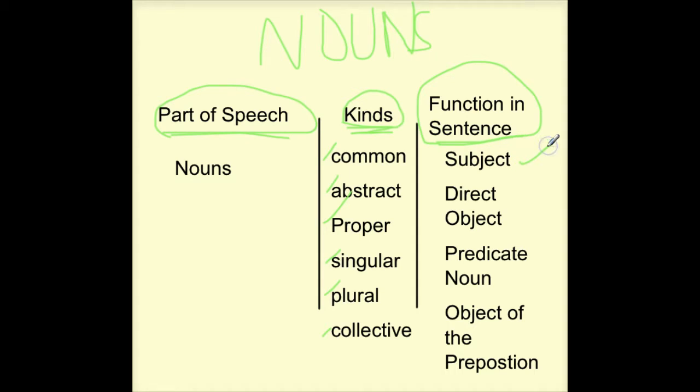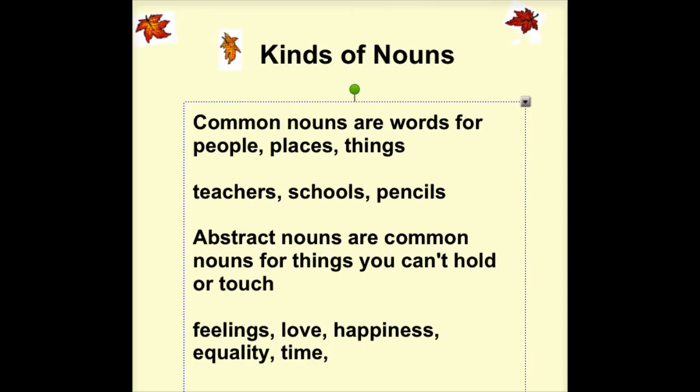We've looked at nouns that are the subject of sentences, the simple subjects of sentences. Soon we'll talk about nouns that are direct objects in sentences, predicate nouns in sentences, or objects of the preposition. So we're going to get started with this busy unit on nouns.